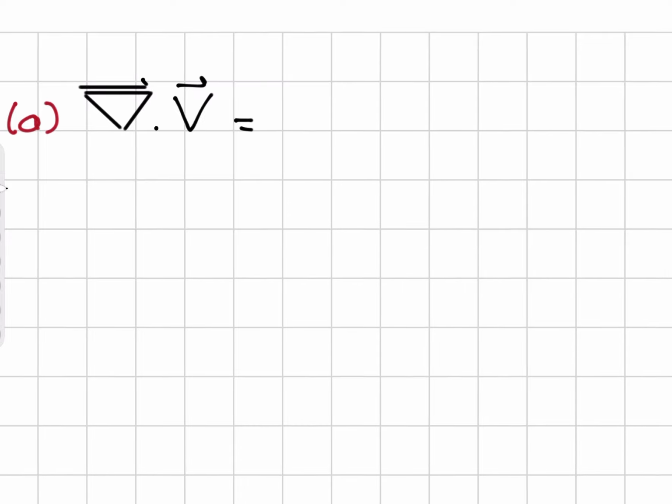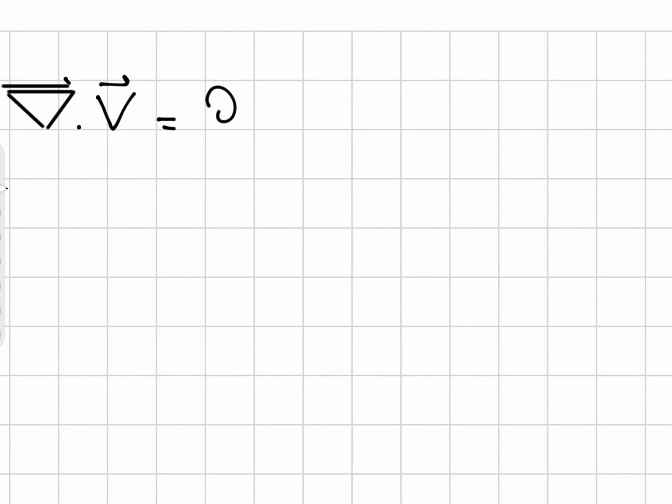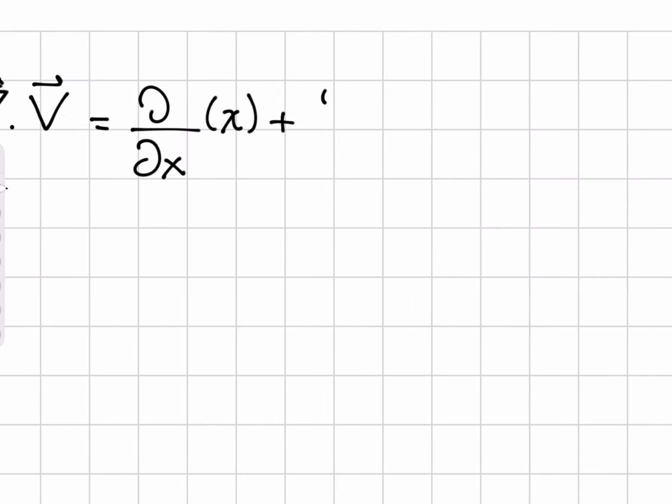In part A, we are given the vector V, x x-hat plus y y-hat plus z z-hat. So we need to take its divergence. Divergence of vector V is del x plus del y plus del z.